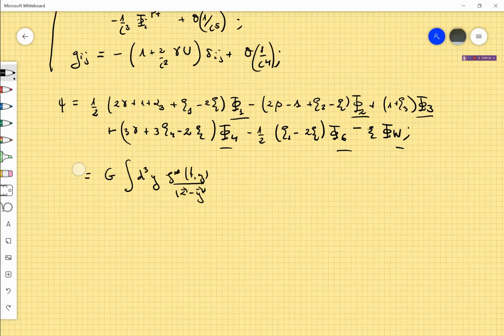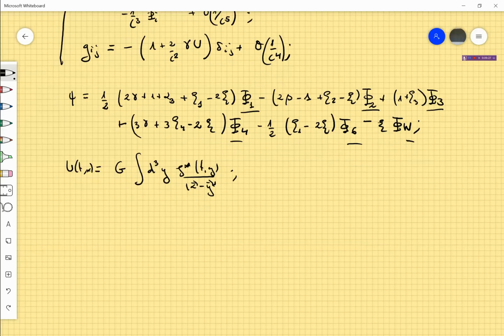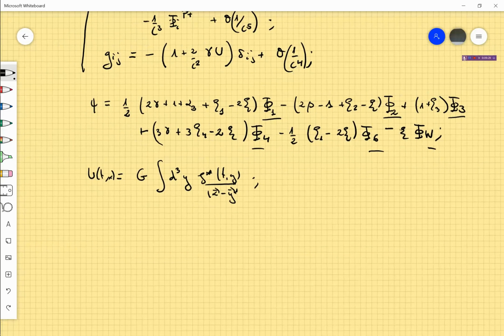Okay, this is U of t and x. And I will give you the rest of the terms in this expansion. But just observe that, of course, this has to be exactly the same, otherwise there is no correct Newtonian limit.